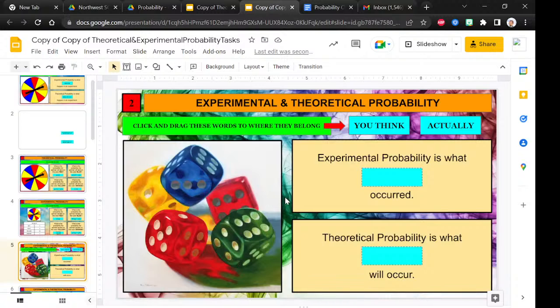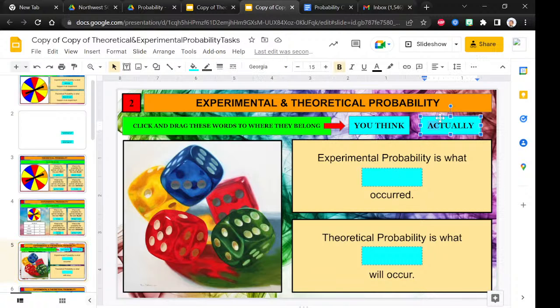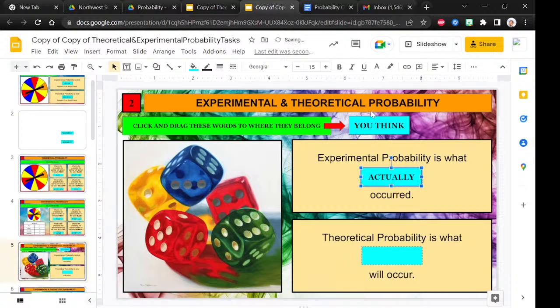So as we go to our next experiment, we're going to think about what's going on with experimental and theoretical probability once again. Experimental probability is what actually occurred. Theoretical probability is what you think will occur.